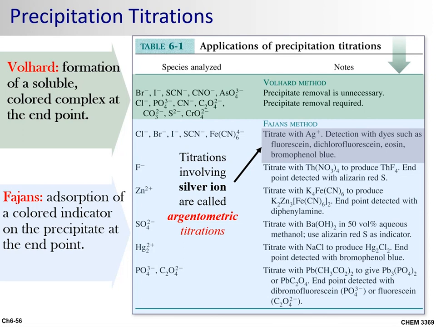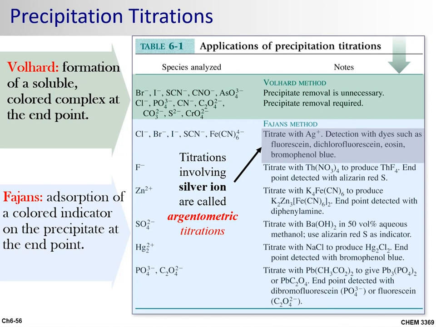Then you would remove the precipitate, the silver chloride precipitate, and you would titrate the excess of silver with ammonium thiocyanate, for example. So this is a back titration: you add excess of the titrant, you have to remove the precipitate, and then you titrate the excess of the titrant. Then you can calculate the concentration of the analyte.